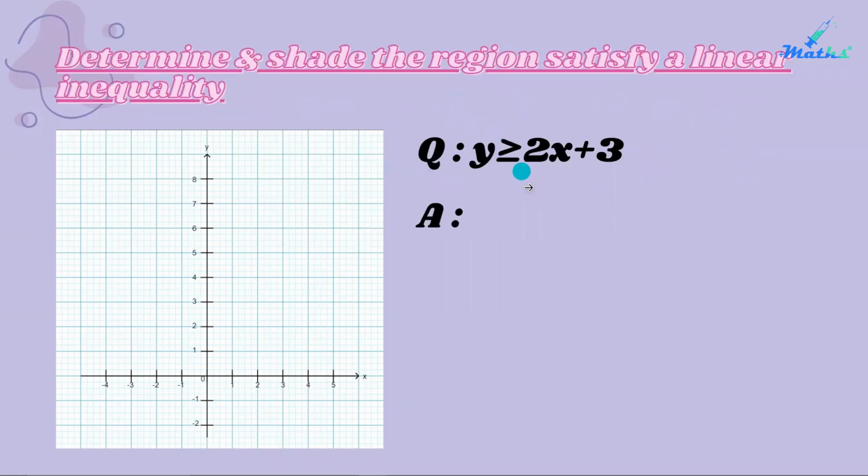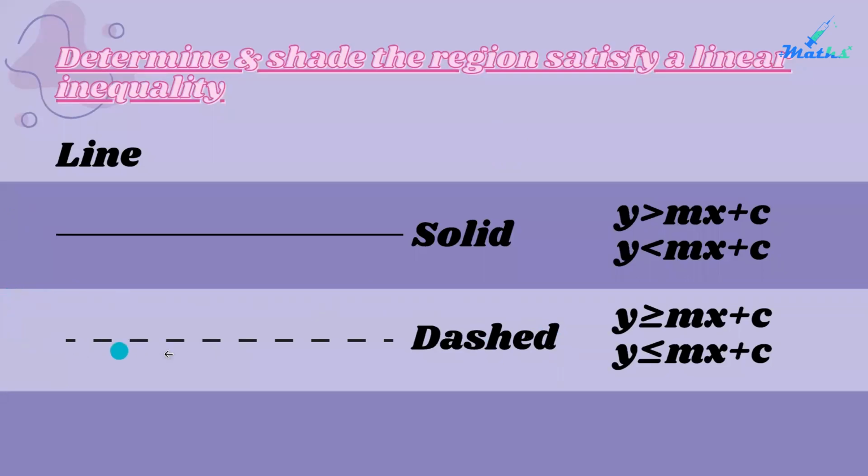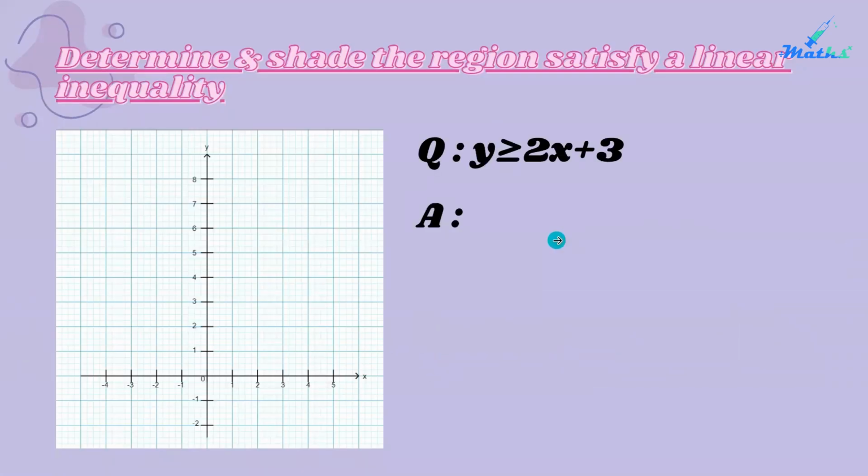So the question is y more than or equal to 2x plus 3. Since it's more than and equal to, we should use the dash line to draw the graph.